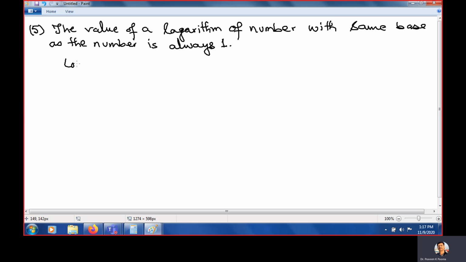What does this mean? The meaning is log b with base b is always equal to 1. Log of a number with the same base as the number is equal to 1.